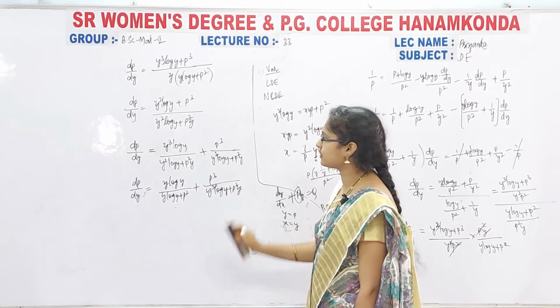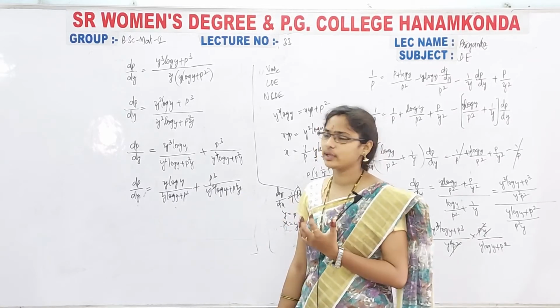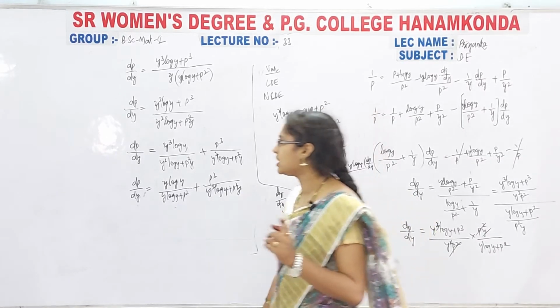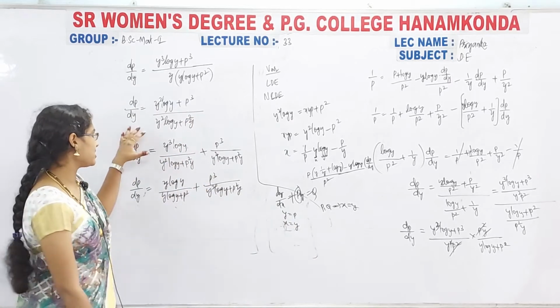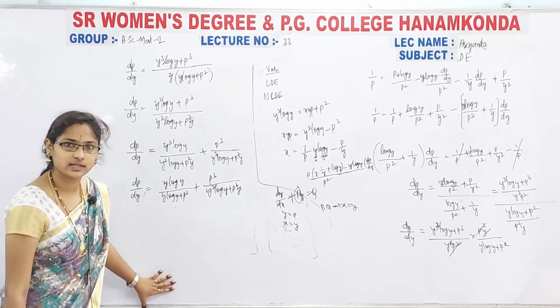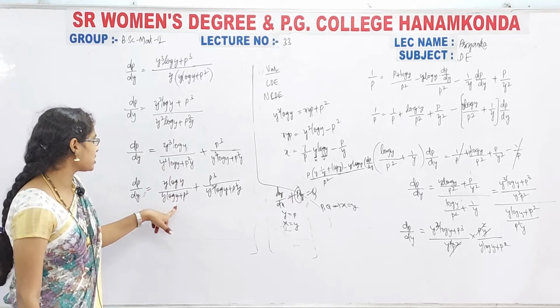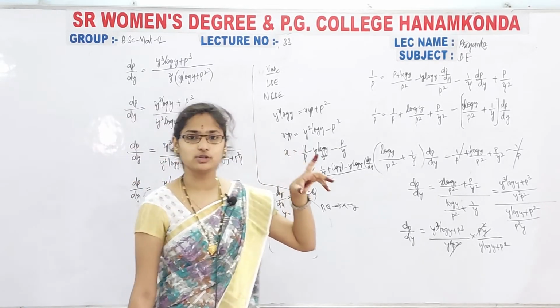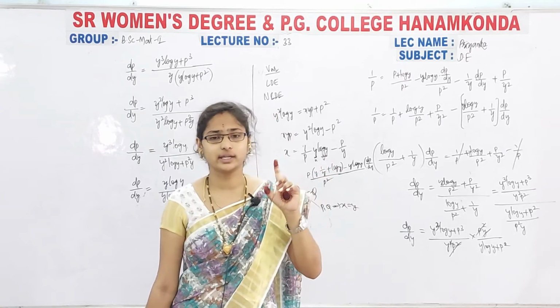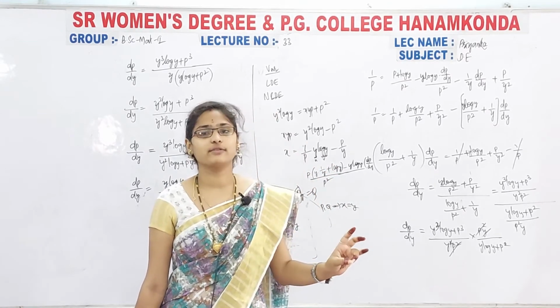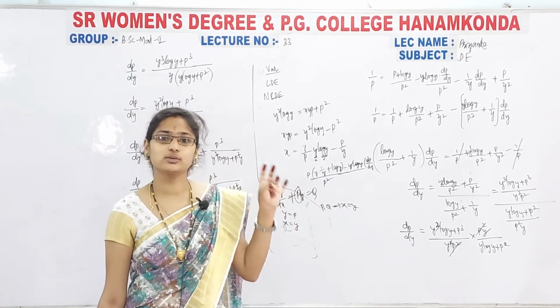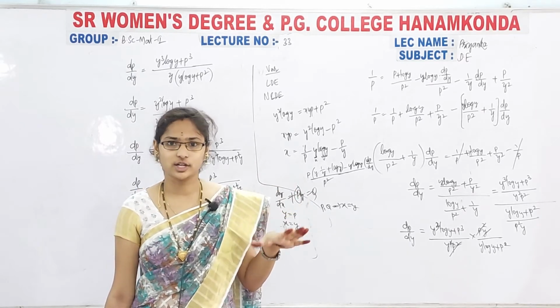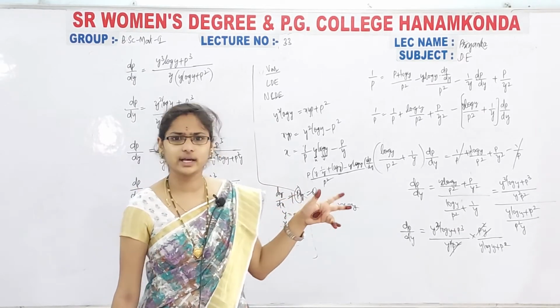I'll see this one again, and I want to give a short method, because if I take partial fractions, again I will take some procedure. After getting the partial fractions, again we have to go for the general solution, that is, we have to calculate the integrating factor and the general solution by using the linear differential equation concept. So again we will get a lengthy procedure.